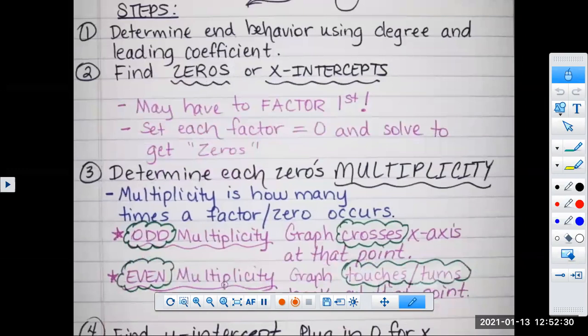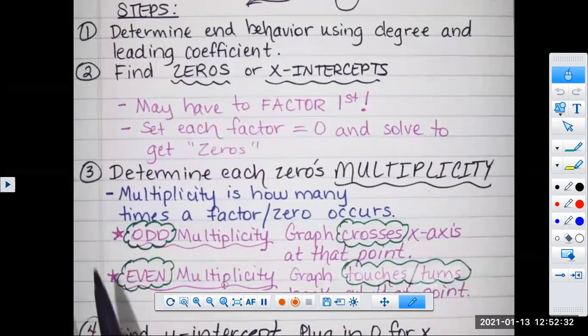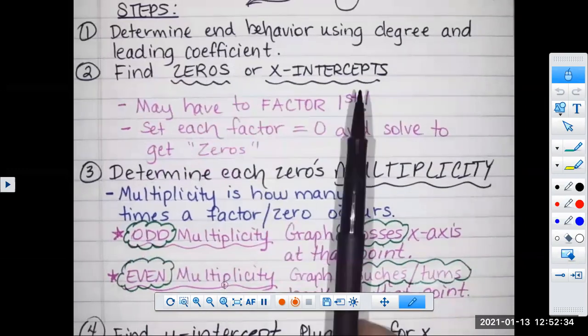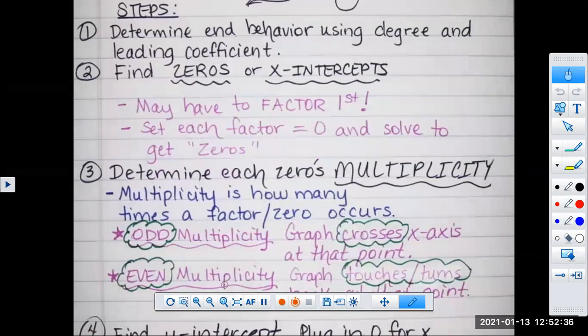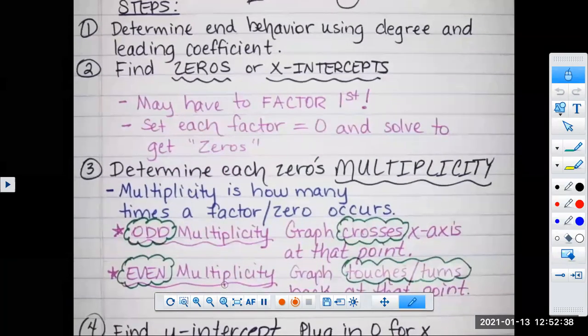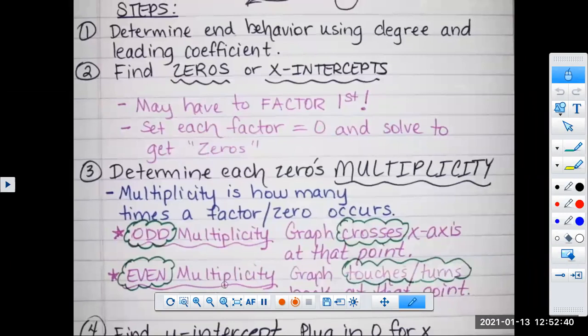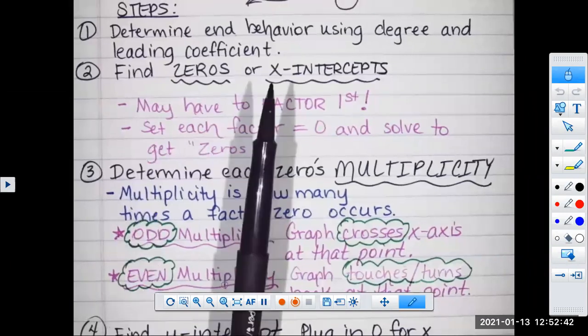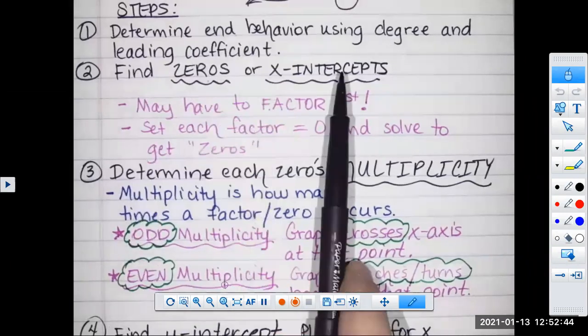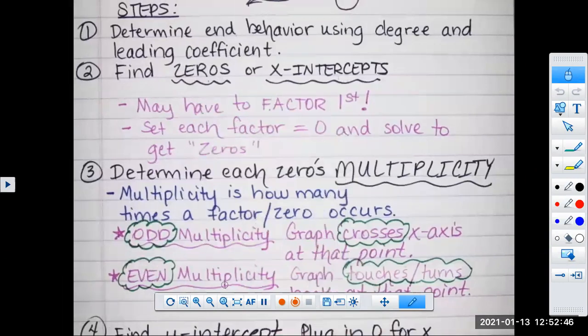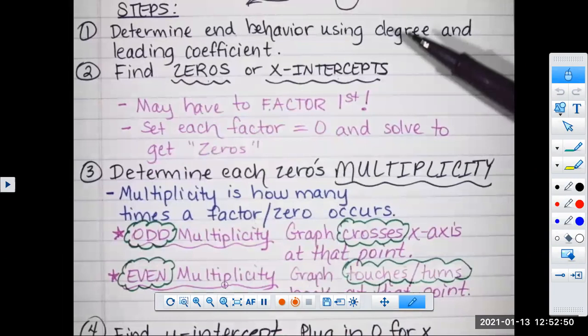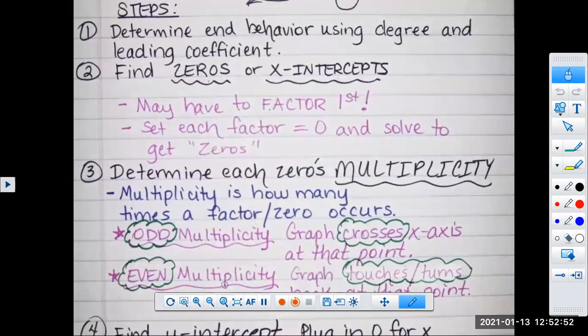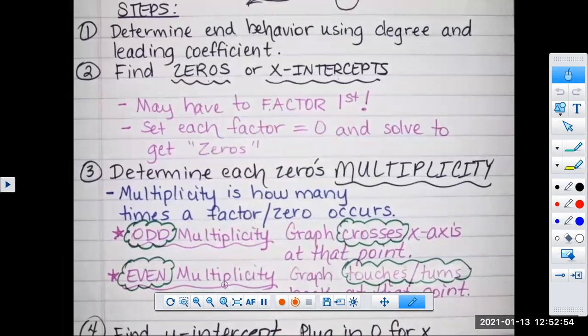Okay, then the second step, we're going to use the x-intercepts, and later on in step 4, we're also going to use the y-intercept to help us graph it. So in step 2, you're going to find the zeros or the x-intercepts. That is the same thing. You'll see it called both. You may have to factor your polynomial if it's not in factored form.